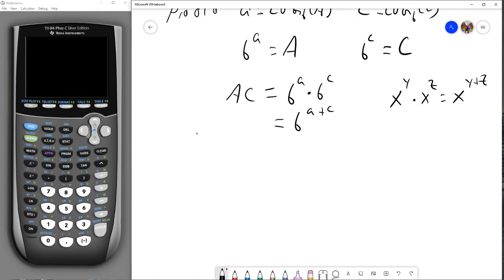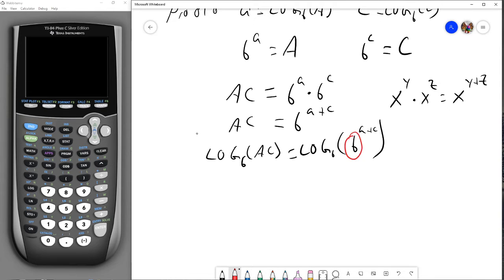Now we can take the log of both sides. If we take the log of the left and the right, we have log base b of ac is equal to log base b of b to the a plus c power. Notice our exponential base is the same as our log base, so those cancel out. Let's put a big X there.